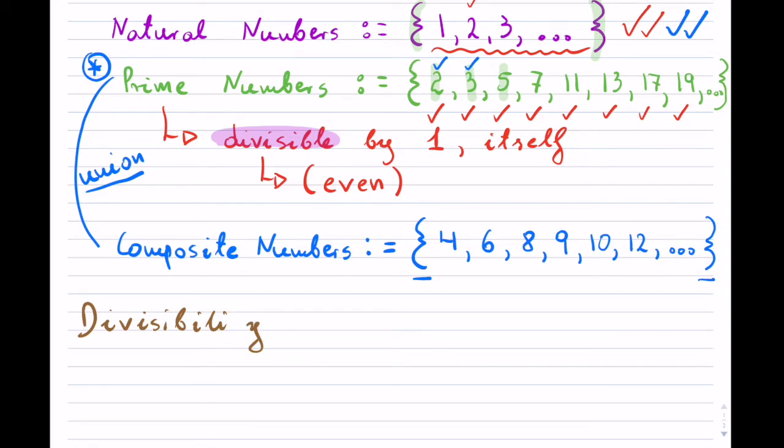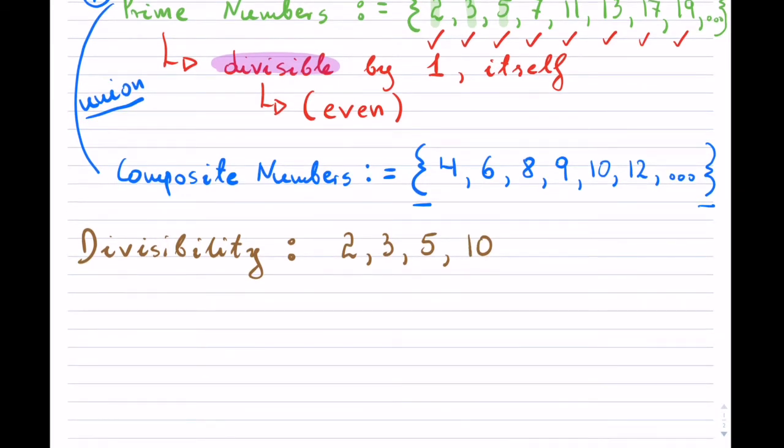What I want to concentrate on is divisibility by particular numbers: the prime number 2, prime number 3, prime number 5, which are the first 3 primes, and then the composite number 10. Now 10 is simply 2 multiplied by 5.